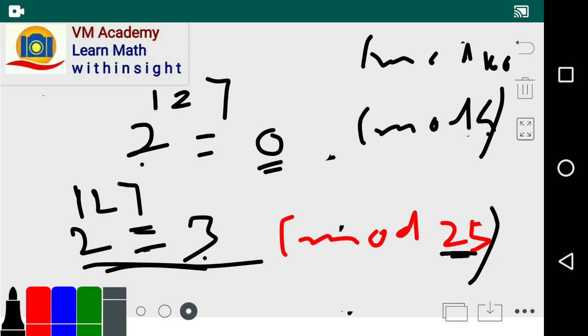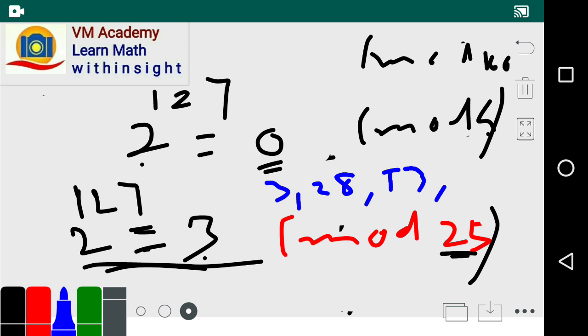That means just 3 over the multiple of 25. Consider the first numbers: 3, 28, 53, and 75 plus 3 is 78.